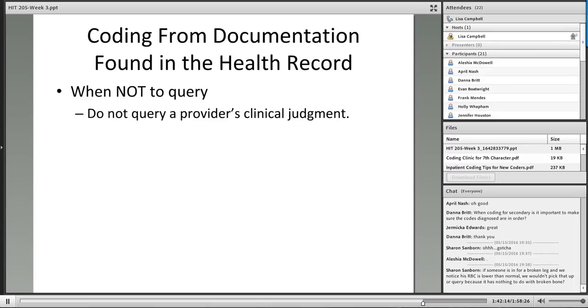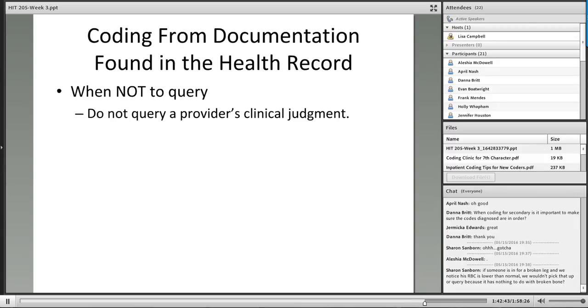So if you saw those clinical indicators in a medical record, you could query the provider to determine if the patient has something that stems from those symptoms that are listed. You can't just say, hey, doctor, does the patient have sepsis? You just got to tell them they got the tachycardia, they got the hypotension. You have to state that information back to them.